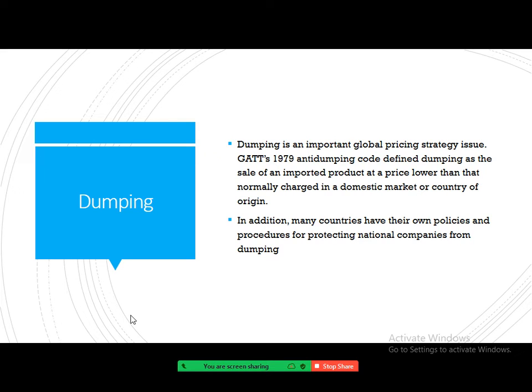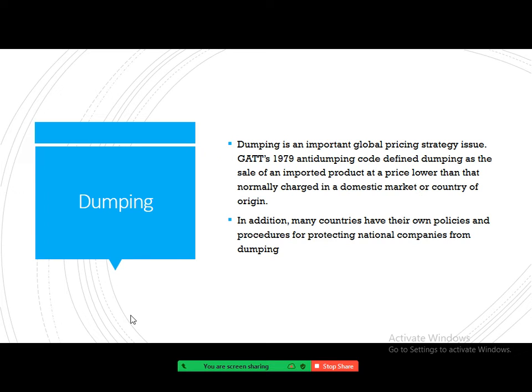So we are moving towards the last parts, first we'll talk about dumping. What is dumping? Dumping is an important global pricing strategy. We have seen GATT. The GATT 1979 anti-dumping code defined dumping as the sale of an imported product at a price lower than that normally charged in a domestic market or country of origin.